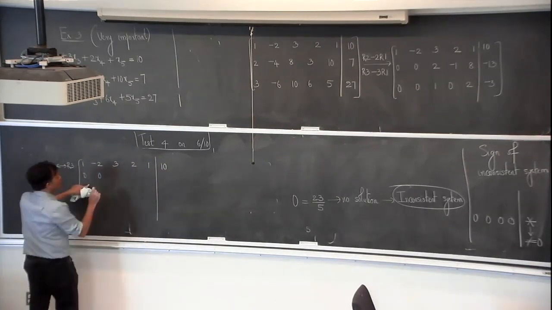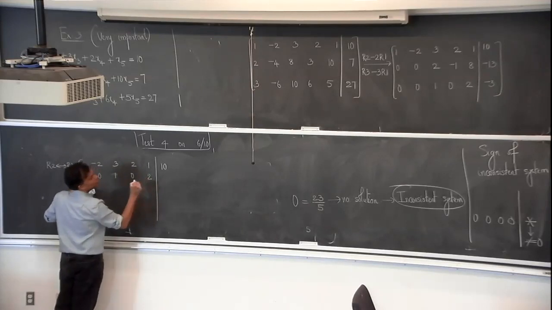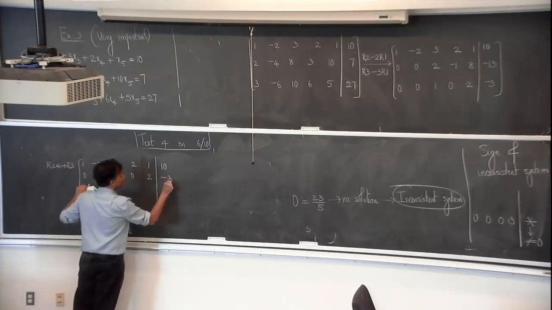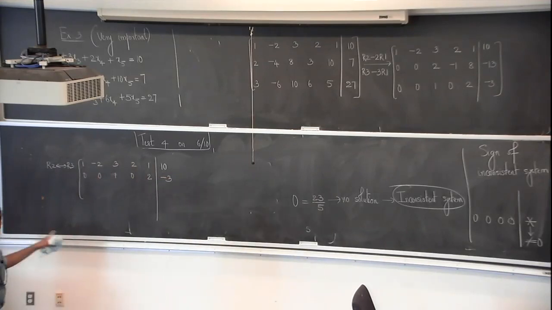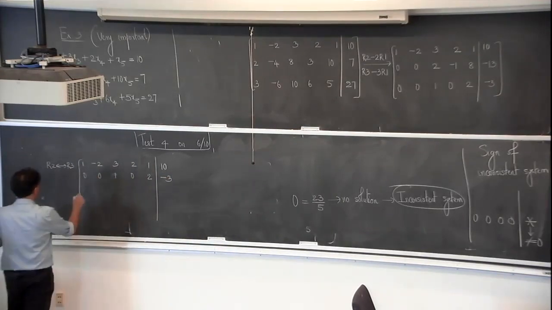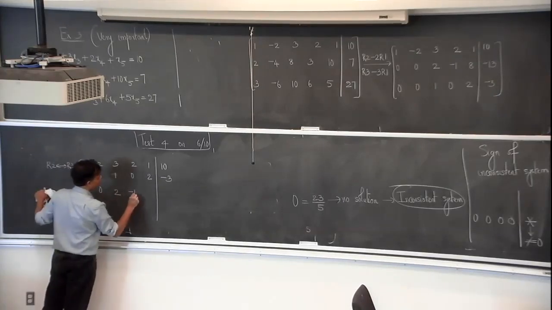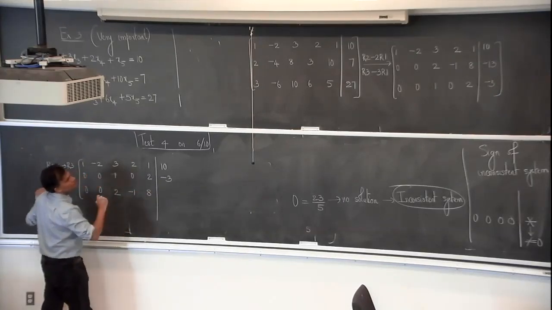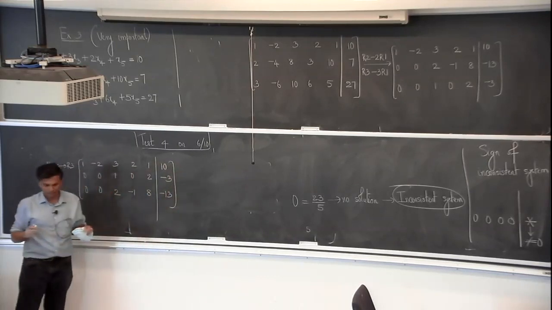So 0, 0, 1, 0, 2, -3, since I'm planning to swap row 2 and row 3. And 0, 0, 2, -1, 8, -13. Did I copy it right?